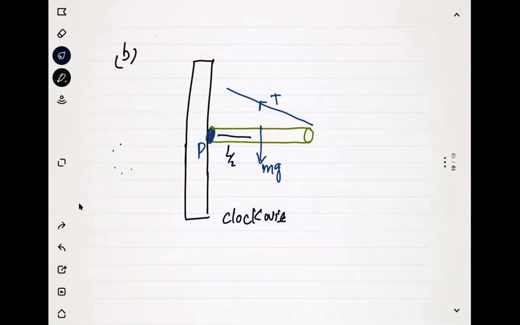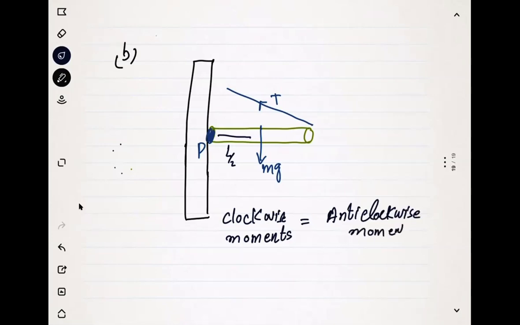So the principle of moments is: the sum of clockwise moments is equal to the sum of anti-clockwise moments about a given point. So an object in equilibrium will not have any rotational acceleration.